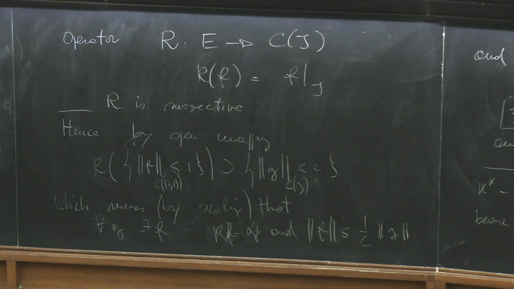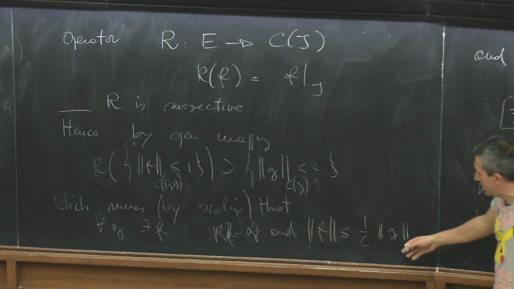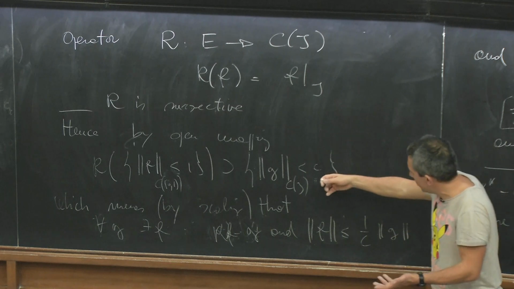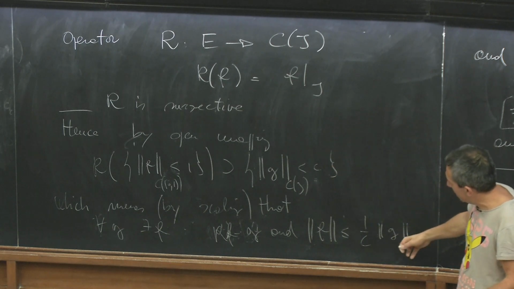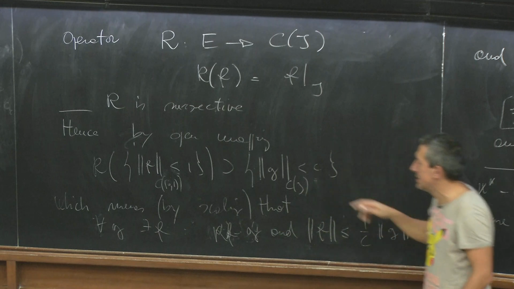Because if I have to reach the norm of g, it's enough to take 1 over c, and then you observe that the scaling is correct.